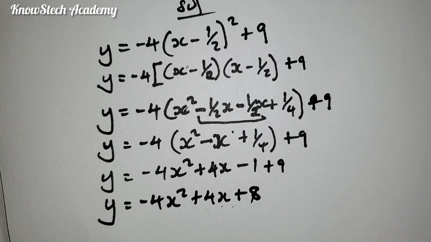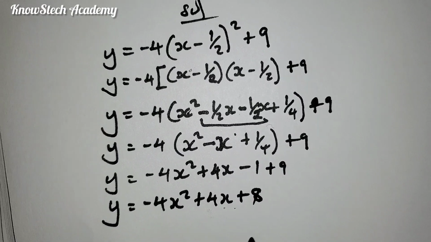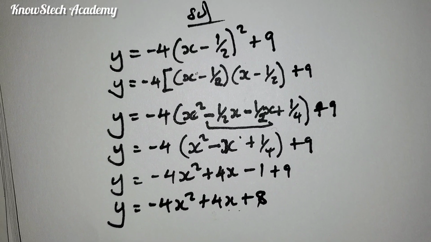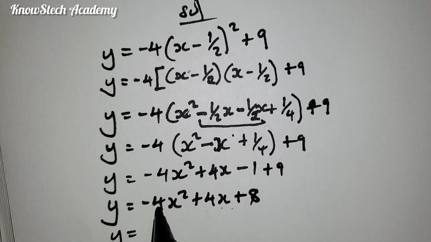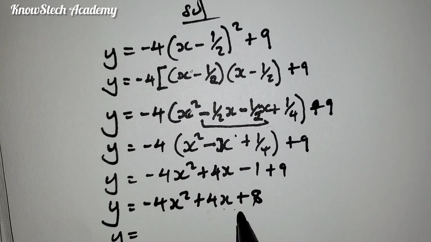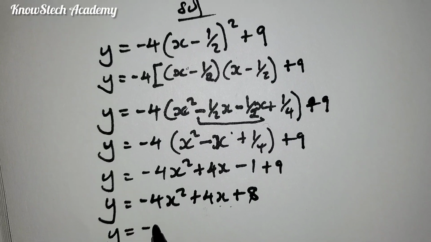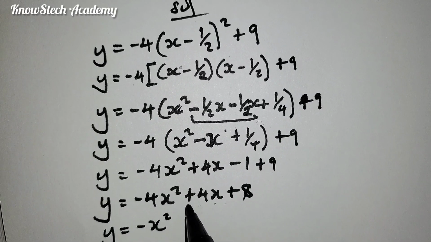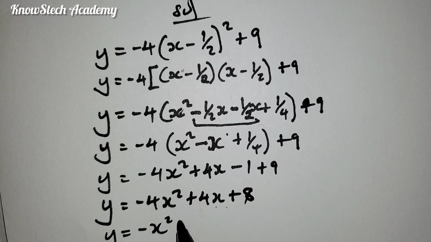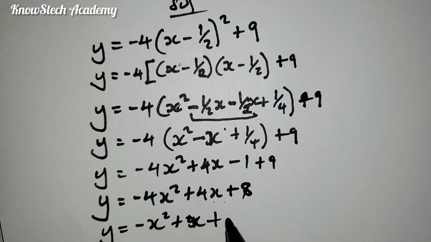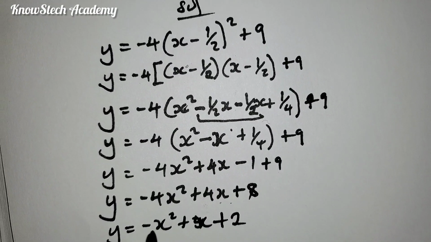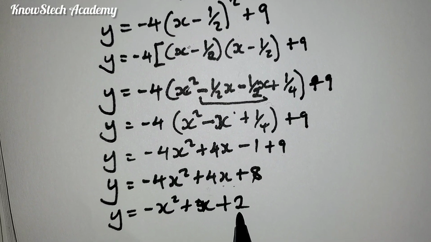So we can say y equals, 4 can be divided. 4 into 4 have -x squared. Then here also will be just 4, will be just x. 4 there will be just 2. So y is equal to this.